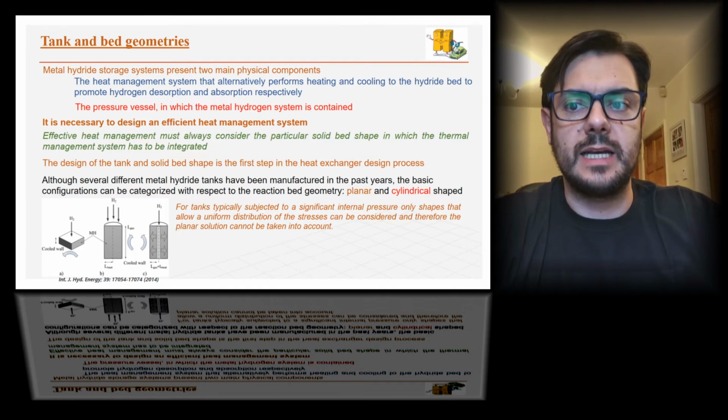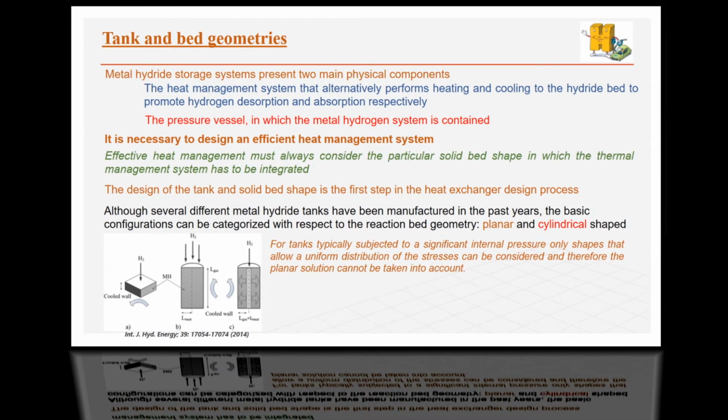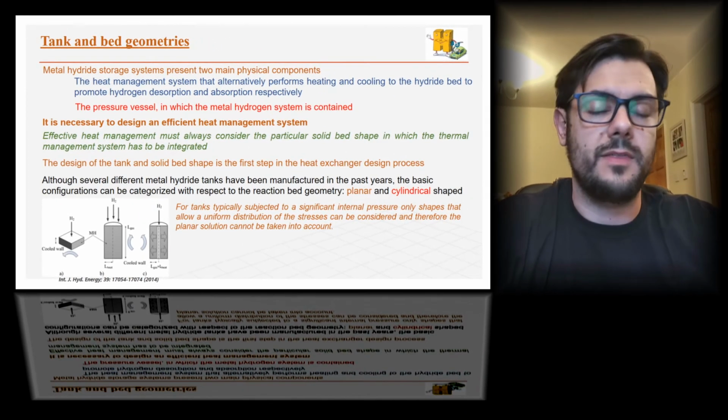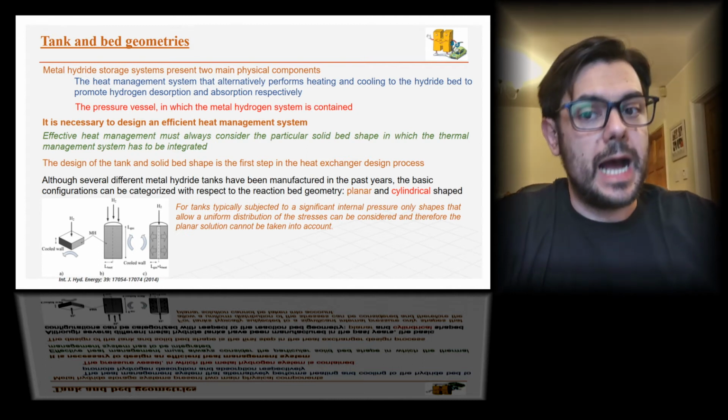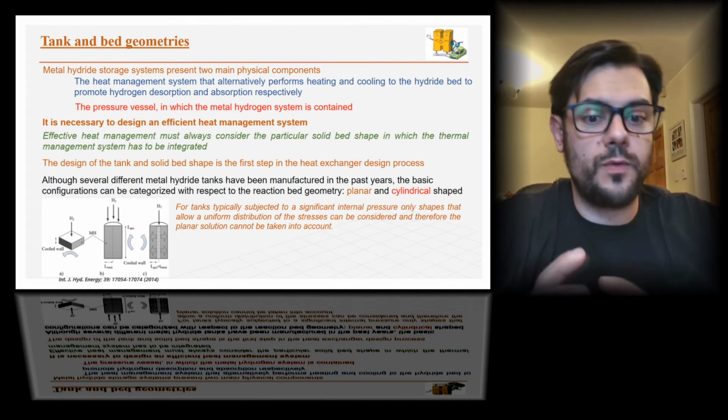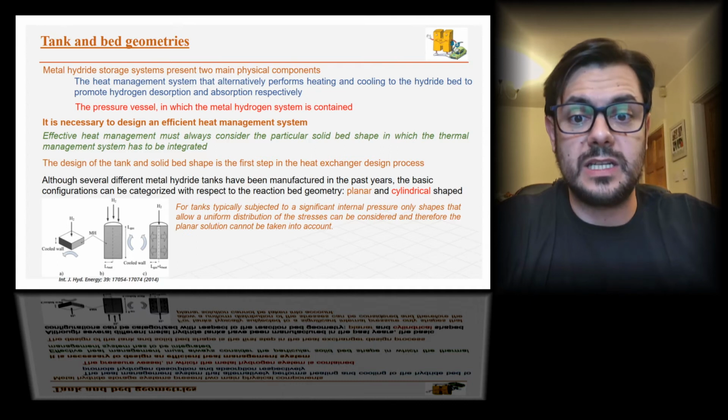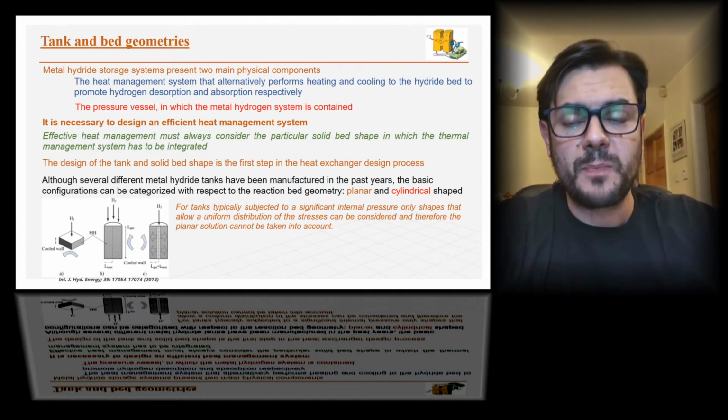The reason is that it's quite difficult to place them in cars or trucks in the automotive sector. The cylindrical ones are way easier than the planar ones to place into the car.